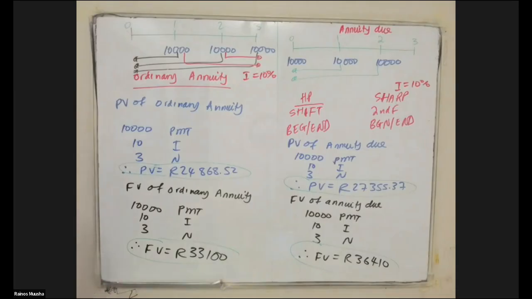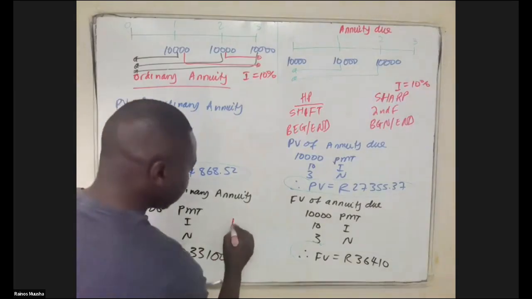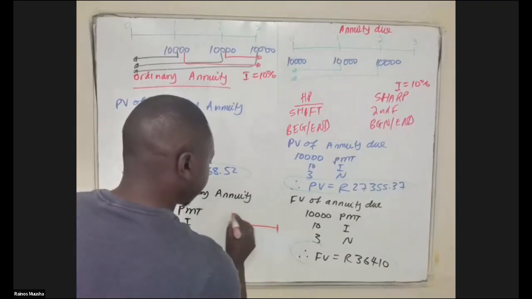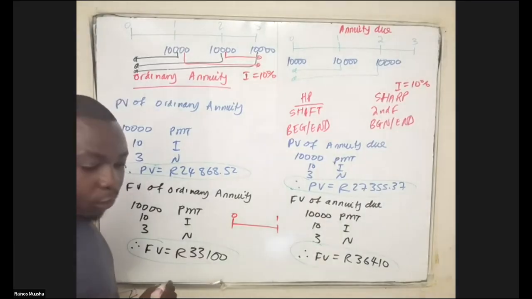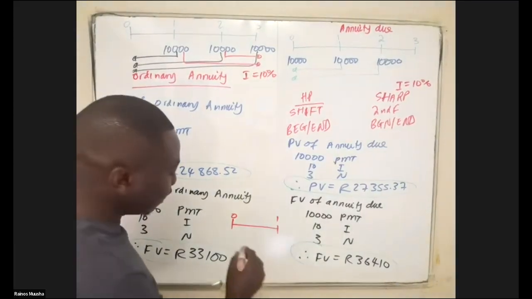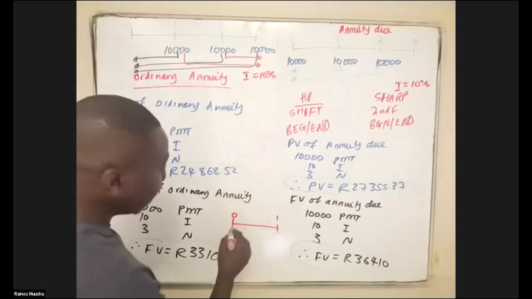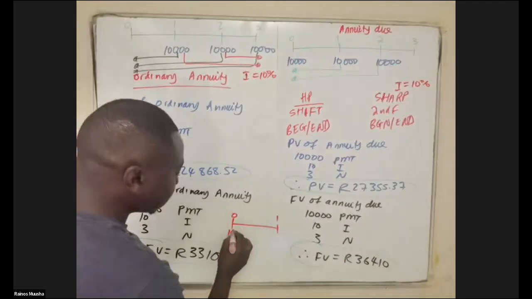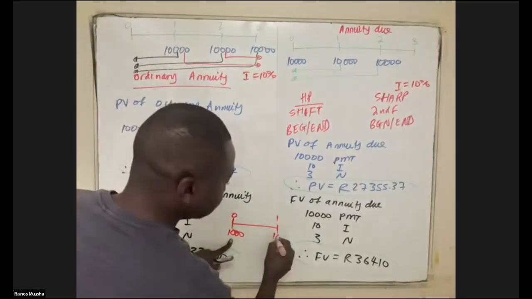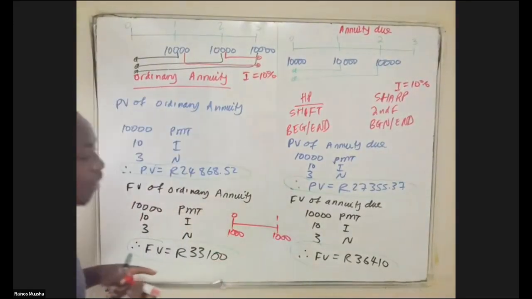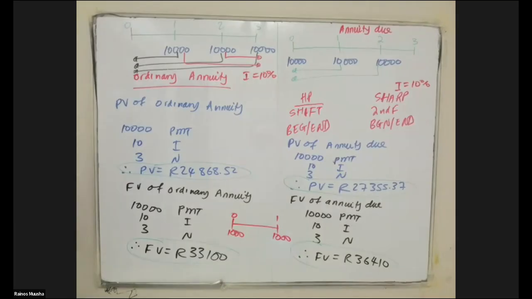The reason why it's like that, let's look at a simple example. If someone says they're owing you money, and then they give you two options, they either pay you back the 1,000 rand that they're owing you today, or they pay you back the same 1,000 rand after 1 year. What would you prefer?